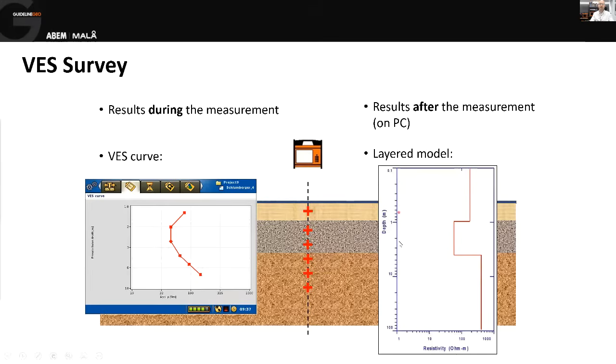So again, we've got depth down the side, but this time it's true resistivity, or at least we hope it's true resistivity, across the bottom. So here we see resistivity near surface, then dropping, then increasing, and then staying fairly consistent as it gets deeper.